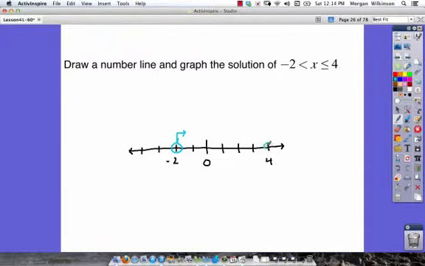If x is less than or equal to 4, now we need a closed circle because it's less than or equal to. X is less than or equal to 4, so we must be going back to the left. We can combine these two, and we've successfully graphed the solution of -2 is less than x, which is less than or equal to 4.